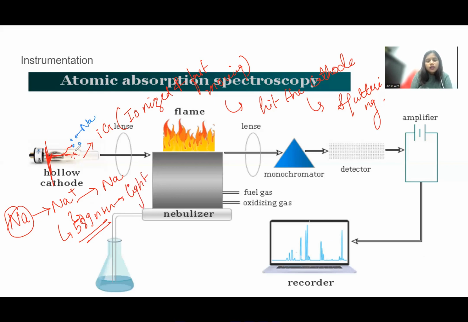Because of these excited particles, the 589 nanometer wavelength that sodium emits is further going to be your light source. The lens is just there to focus it.